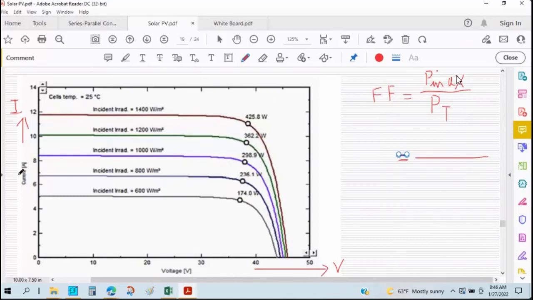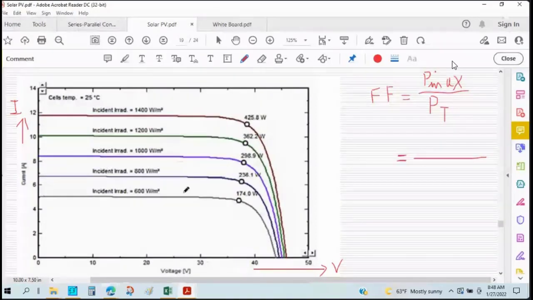Okay, we have all the information here to calculate the fill factor for this particular incident irradiation rate, which is 1000 watt per meter square. What's the maximum power? P max is 298.9 watts.